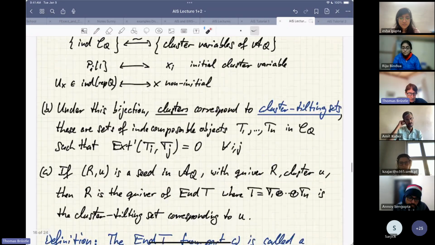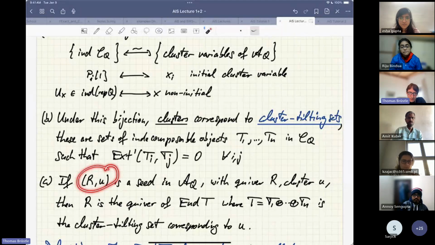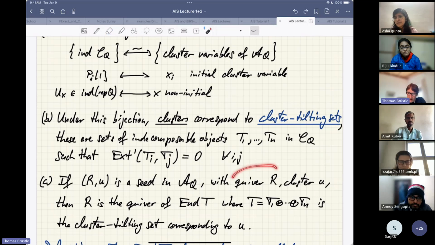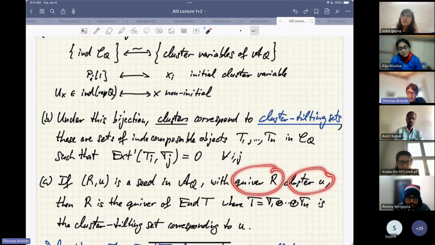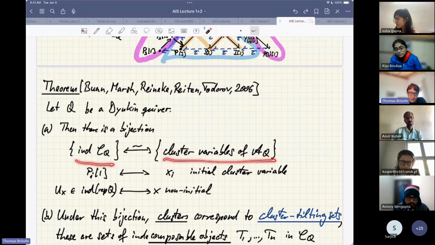And the last part is when I have a seed, so a seed is given by a quiver R and a cluster U. Then the question is, how can I recover R? Say I understand totally this cluster category. I understand the indecomposables correspond to cluster variables.